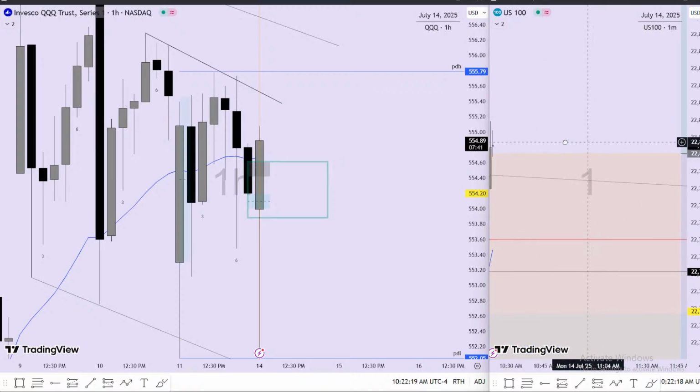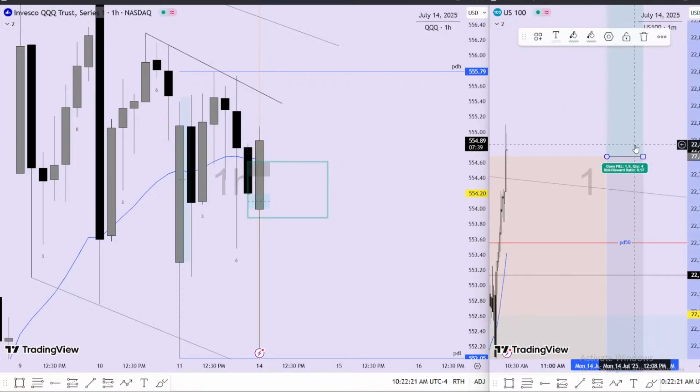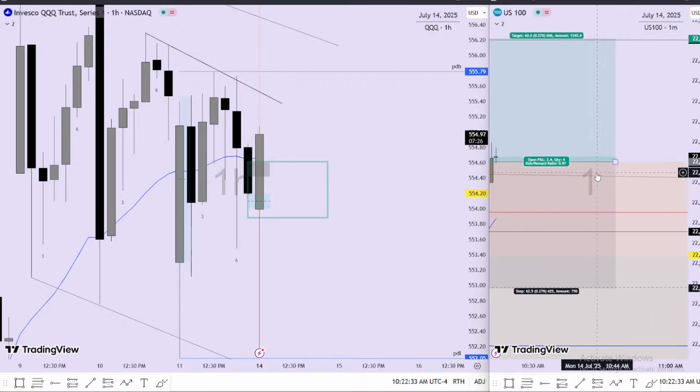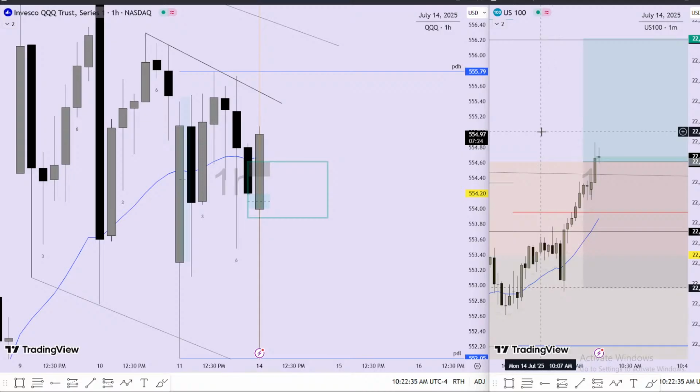So that makes it a valid trade for entry. Let's see. We have 7 minutes till the first hour is closed.